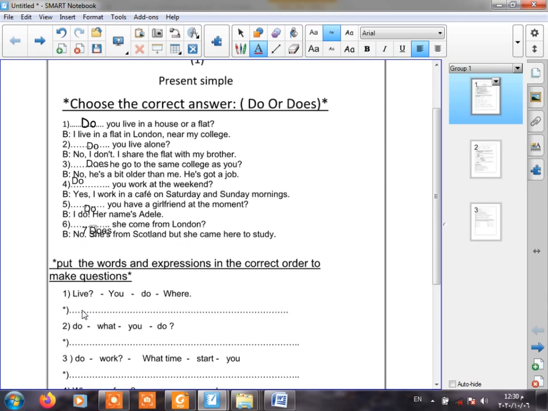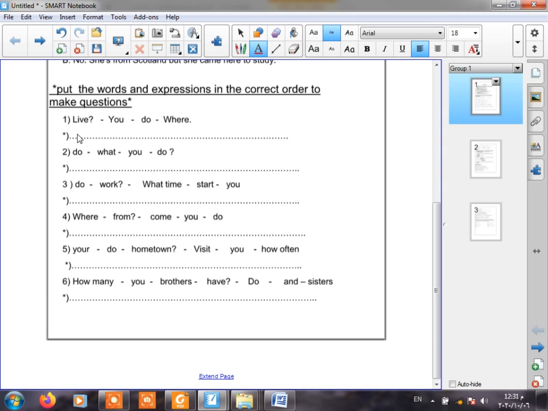The last one should be, okay, put the words and expressions in the correct order to make questions. So, we'll make questions. Live, you, do, where. So, I start with the WH question, which is where. Then we have verb, do or does, then the subject, then the verb.